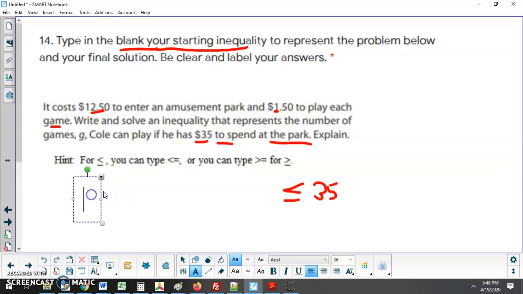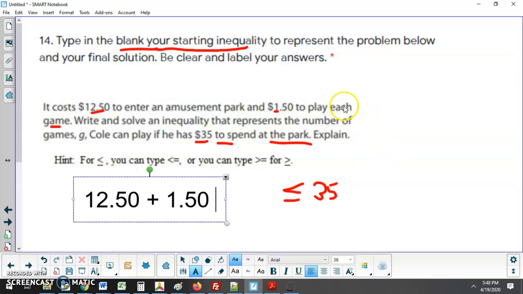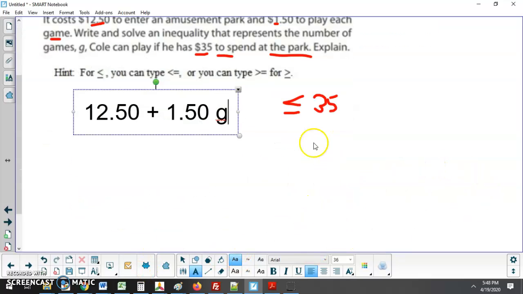So your inequality is his costs, $12.50 to enter, plus $1.50 for each game. Remember, each means multiply. It must be less than or equal to 35. So you just solve this and subtract $12.50, then divide by $1.50. You don't need to flip this one around because you're not dividing by a negative or anything. And that is your answer for that one.